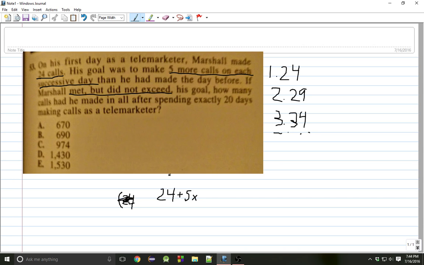X starts off at 0 and it consistently increases. So X is always the number of days minus 1. X equals n minus 1.